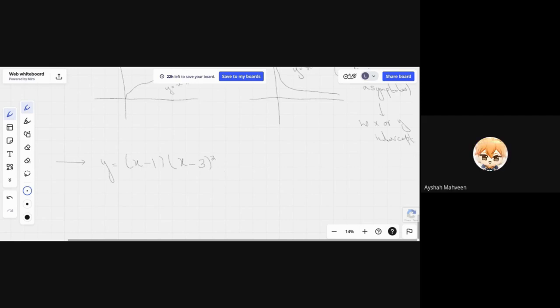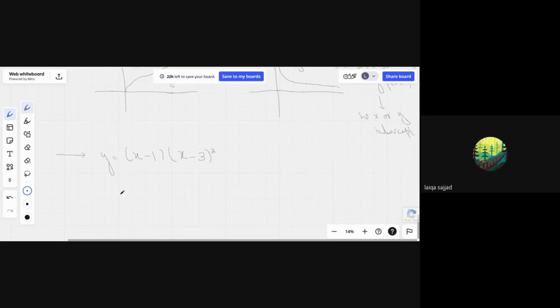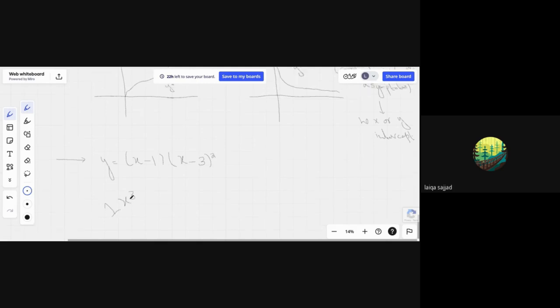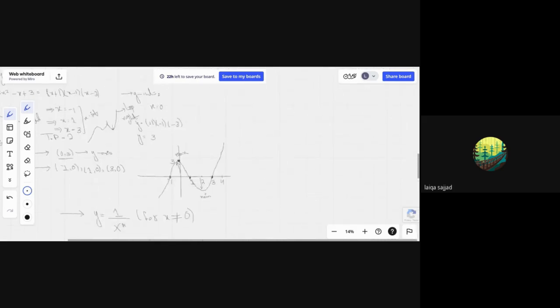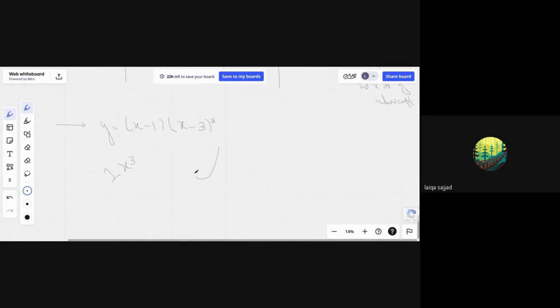Is it quadratic? No, wait, cubic graph. Yes, very good. It's cubic. So it would be x cube, and the coefficient is positive because it's 1. So our graph would look something like this. What should be the points at which the graph would cut the x-axis or the y-axis?